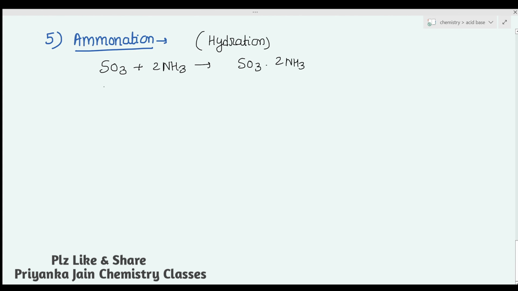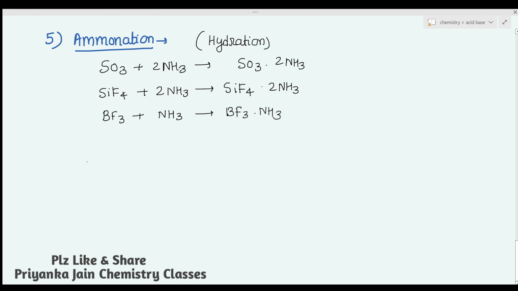Similarly, SiF4 is reacting with 2NH3 and it is forming SiF4.2NH3. Similarly, BF3 is reacting with NH3 and it is forming BF3.NH3. So this is the way in which the ammonation reaction is happening.